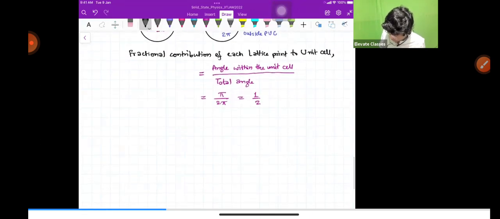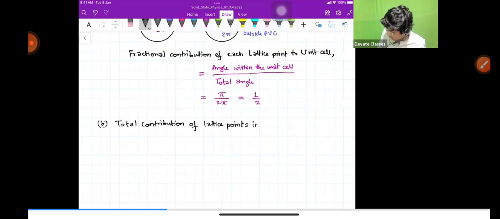so total contribution of lattice points in the unit cell is equal to, we have each contributing half, and the number of unit cells contributing is 2.